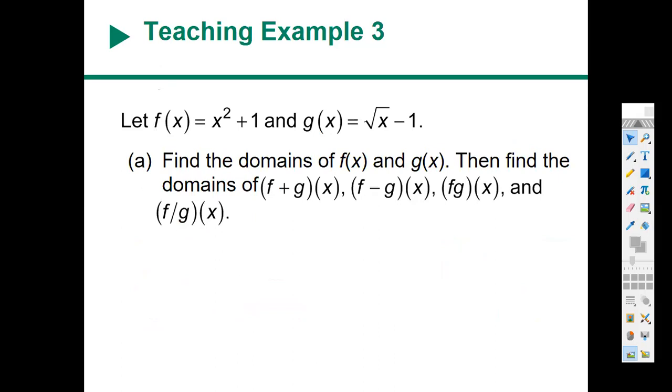All right, so what we've been doing is plugging in numbers, right? Now, we're not going to plug in the numbers. It just wants you to find F plus G, F minus G, FG, and F divided by G. So addition, subtraction, multiplication, and division.